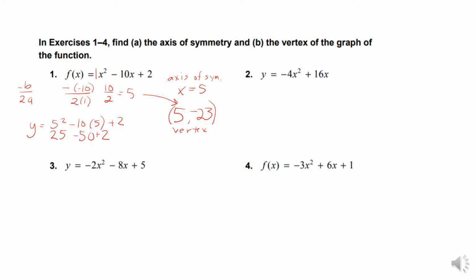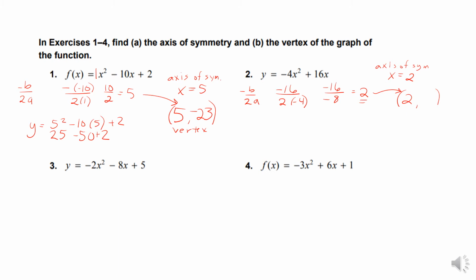Okay, over here, we're going to use negative b over 2a again to find our axis of symmetry. So we get negative 16 over 2 times negative 4, is negative 16 over negative 8, equals 2. So I know that my axis of symmetry is x equals 2, and I know that my vertex is 2 something, because that is the x of my vertex.